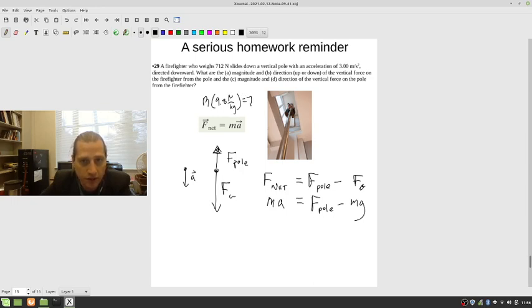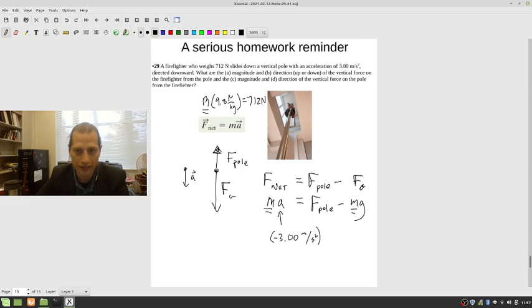If we have this as 712 newtons, we can find out what his mass is and put that in here. The acceleration is going to be downward, so the acceleration we put in there is going to be minus 3.00 meters per second squared. You can find out what the mass is, use that in those.